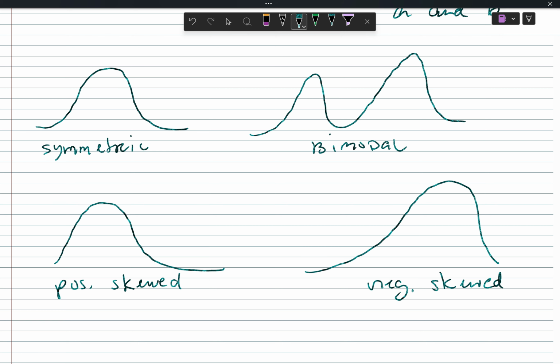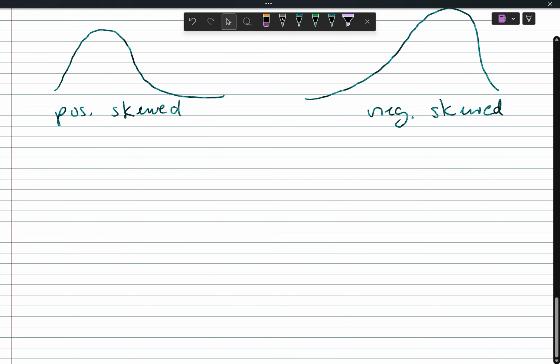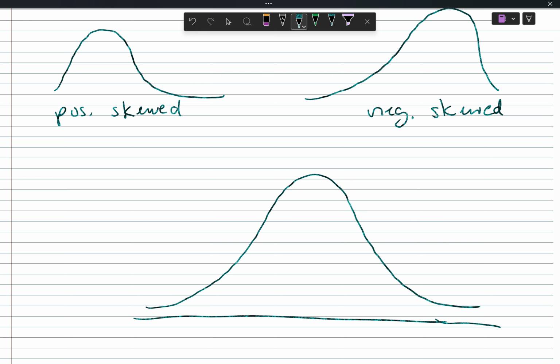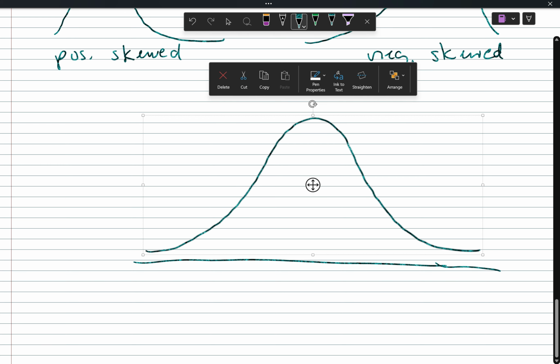The area under a curve and above an interval is illustrated in this next drawing that I'm going to make for you. Since the area under a curve is found by integration, I'll first create the area under the probability density function.